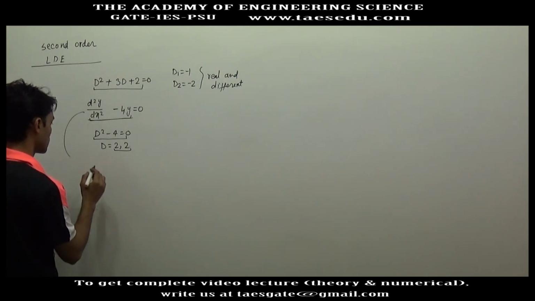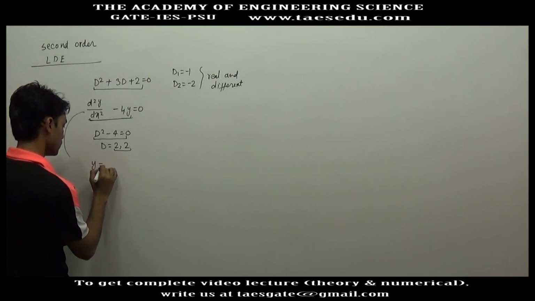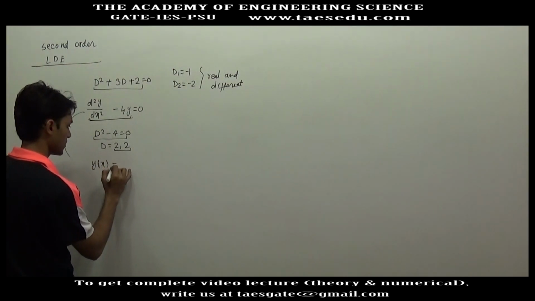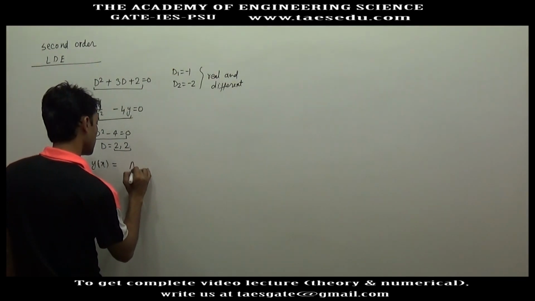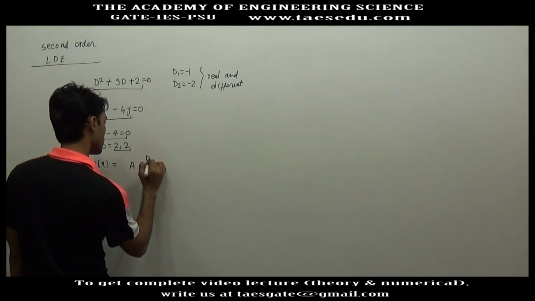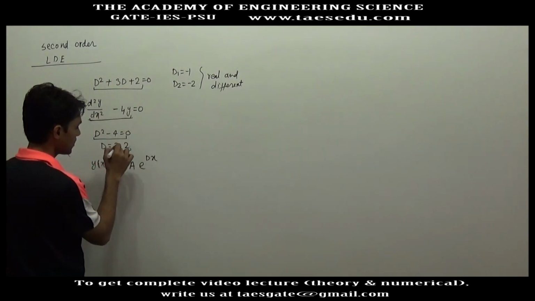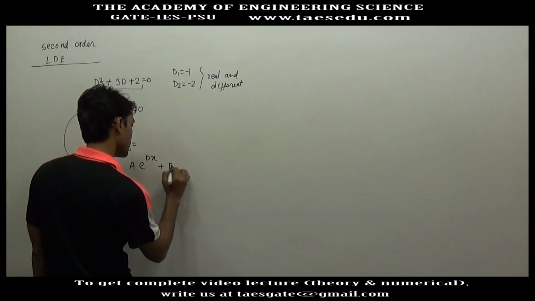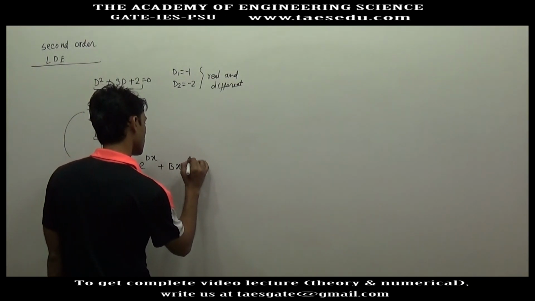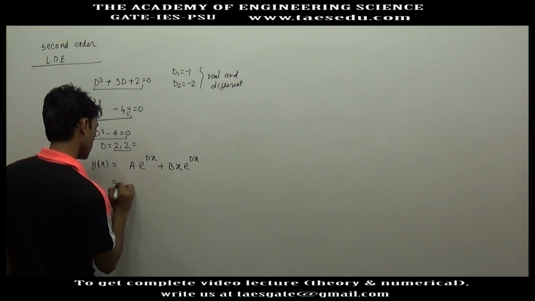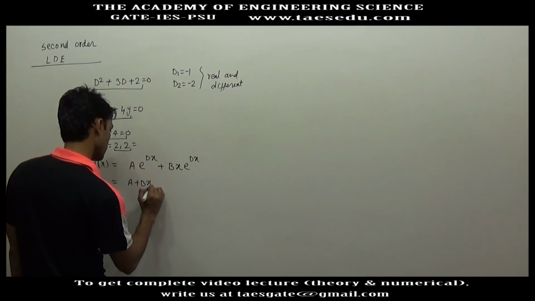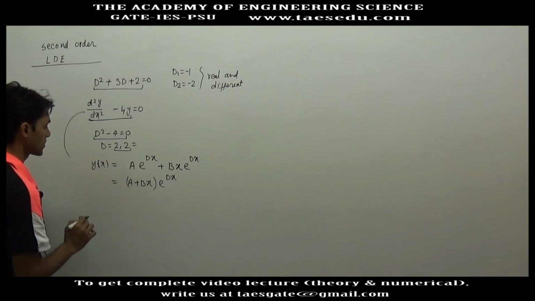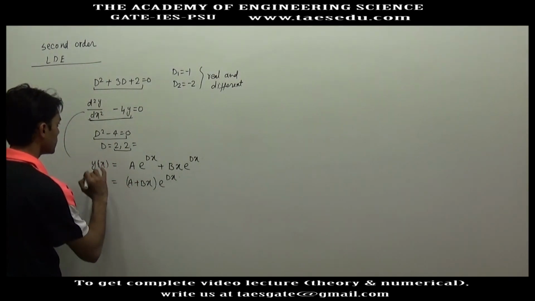The general solution for this, y as a function of independent variable x, will be a into e to power dx, because d1 is equal to d2, so I will write it as d only, plus b into x into e to power dx, or this will be a plus bx into e to power dx. This can be verified using Laplace.